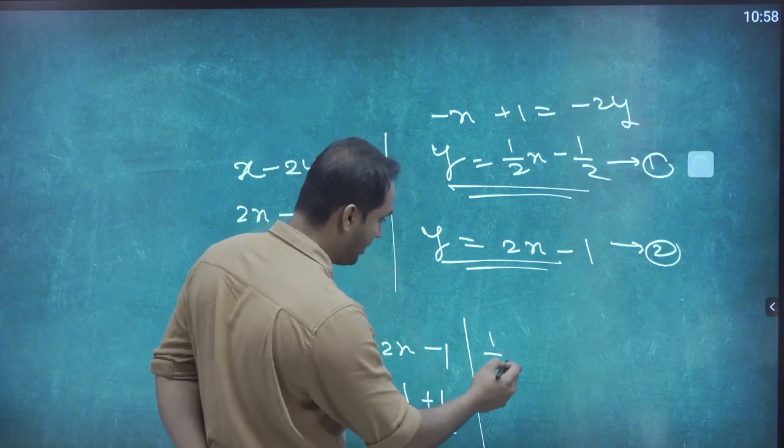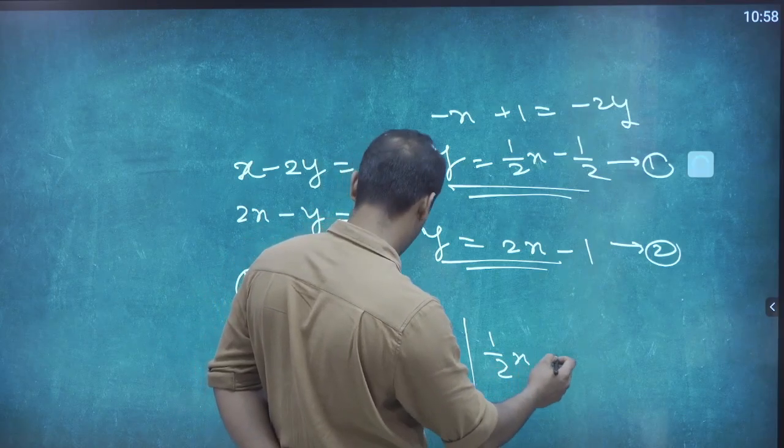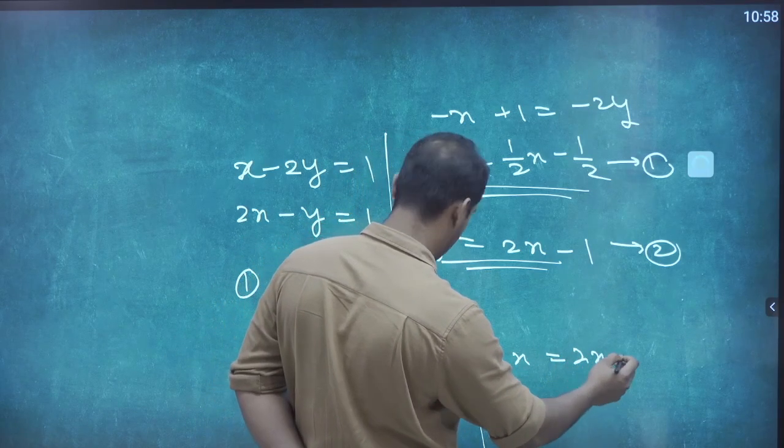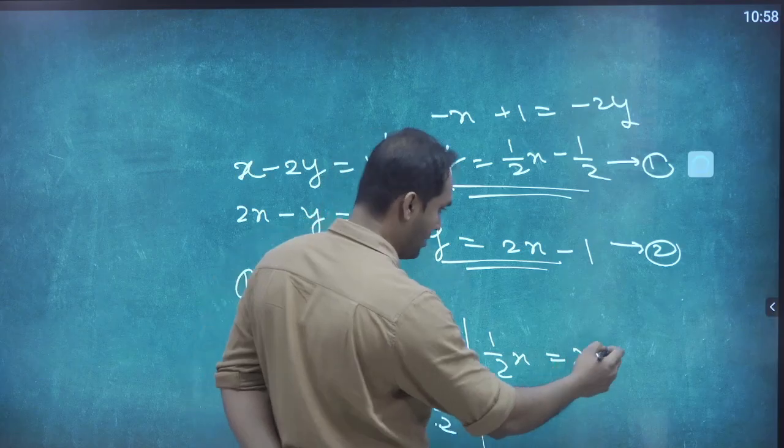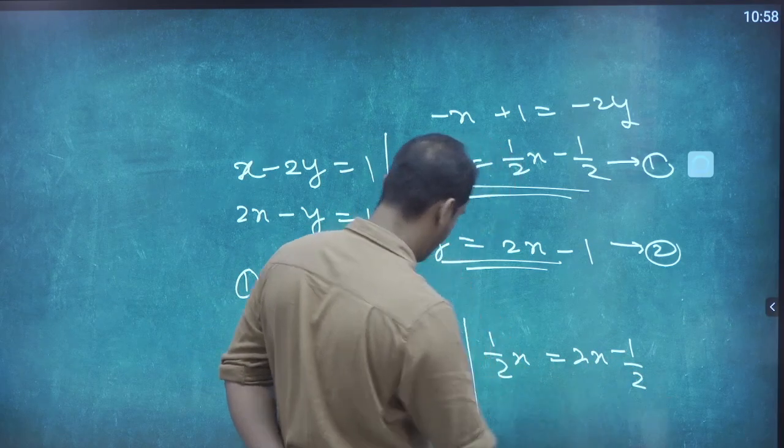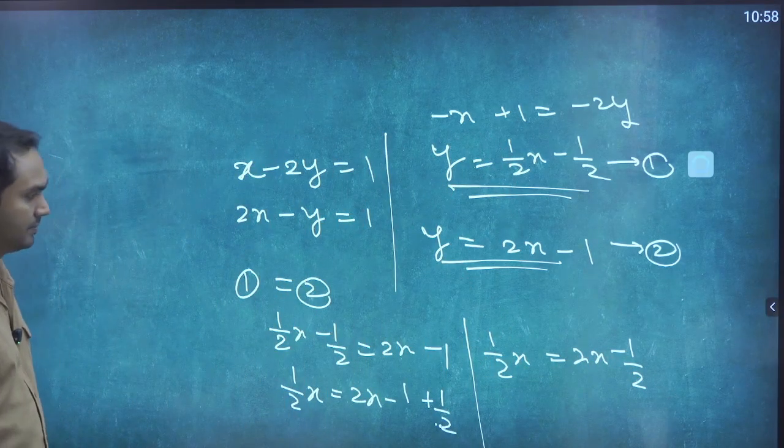So half x equals 2x minus 1 over 2, right?